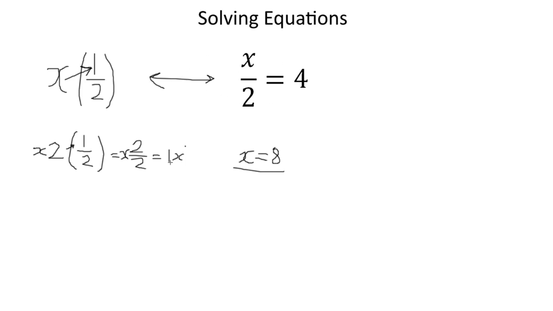So the key thing to remember for this is this bit here, where to isolate the variable, you just quite simply multiply by whatever's at the bottom.